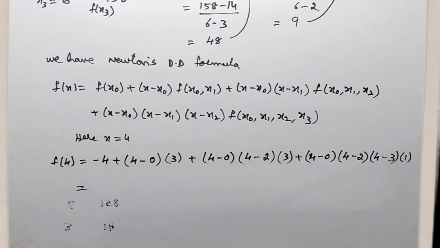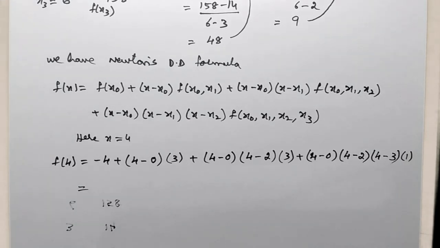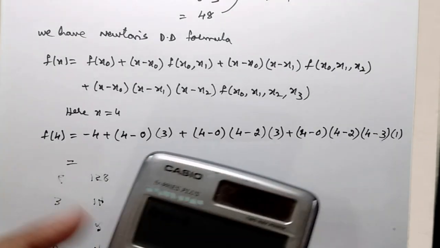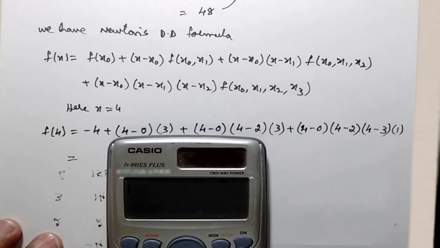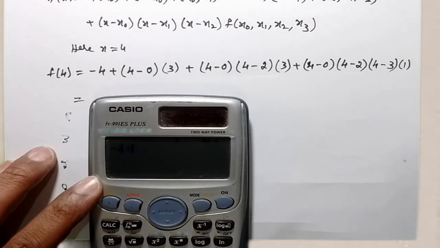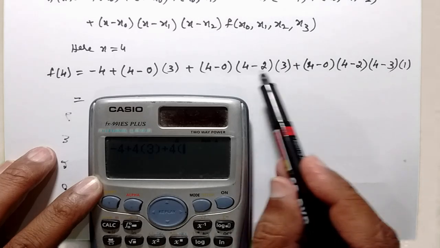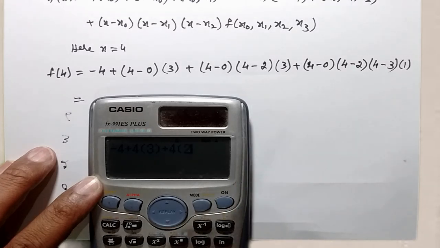You can just use the calculator over here and try to evaluate this one. So just use the calculator and let me know. I will also use the calculator. I'm typing out all the values that I have. Minus 4 plus 4 minus 0 will be 4, into 3. Then plus 4 minus 0 will be 4, into 4 minus 2, which is 2, into 3.